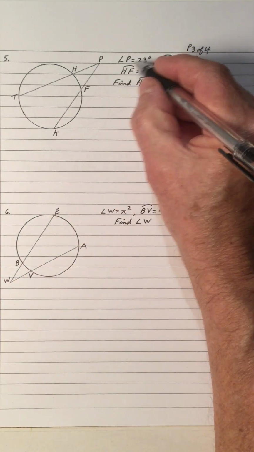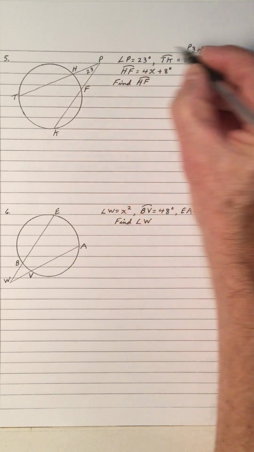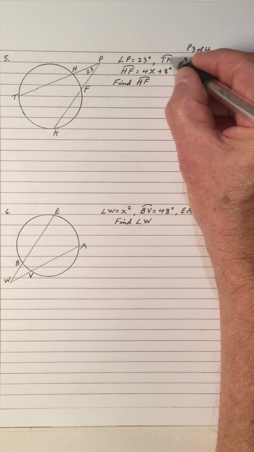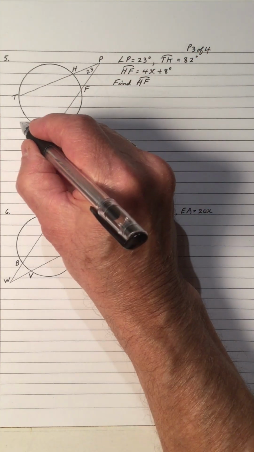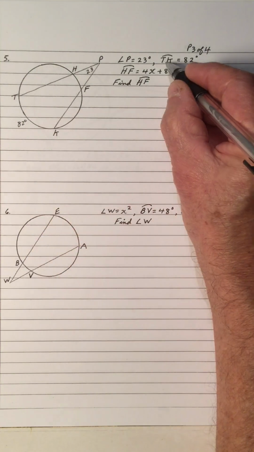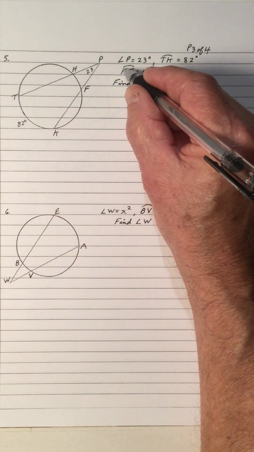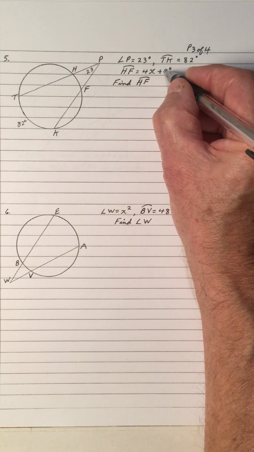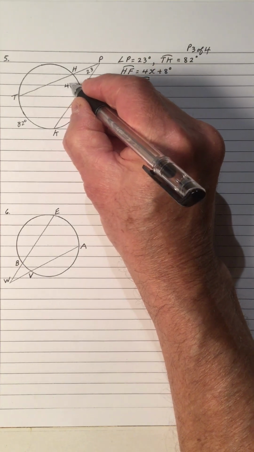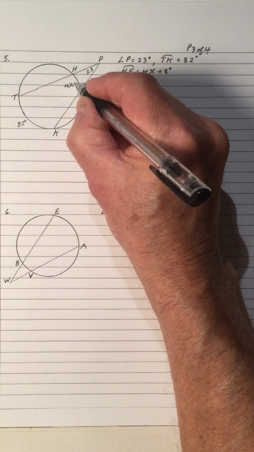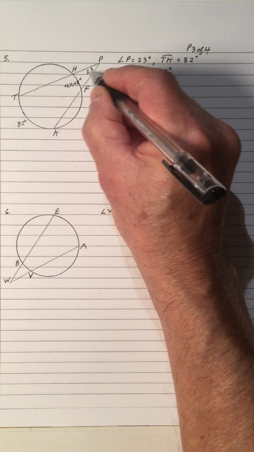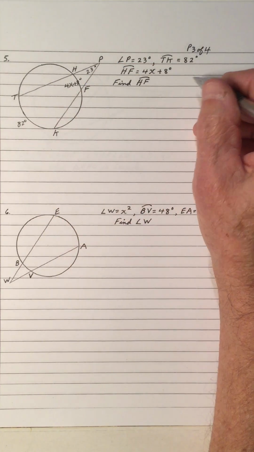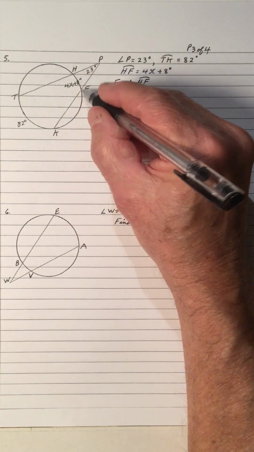Now we have angle P is 23. The arc TK, which is this one, is 82. So PK is 82. The arc HF is 4x minus 8. So this one is 4x minus 8. And they're degrees. So we want to find HF.